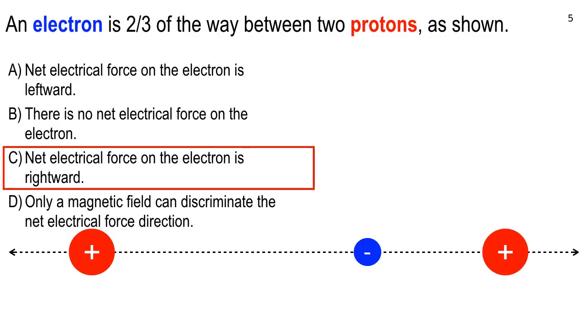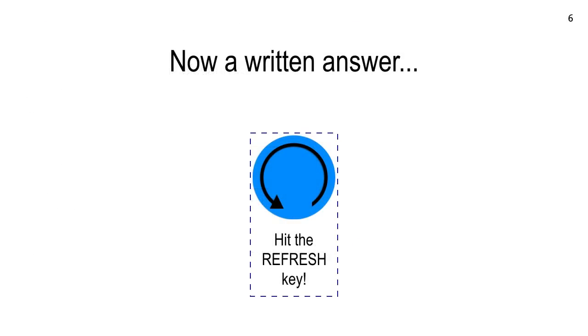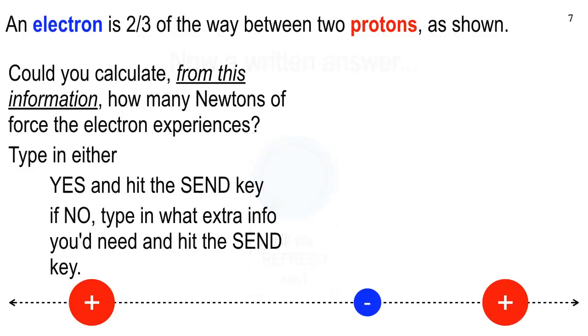Now I want you to hit the refresh key on your clicker, because now you're going to answer a question by typing in some letters. As soon as I start this new question, it's going to be a short answer. Here's your question.